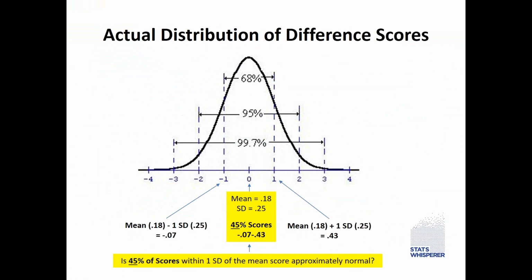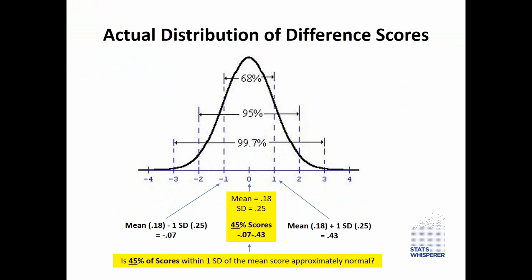However, if we look at the actual distribution of our difference scores, so that was theoretical before, this is the actual distribution of the scores. There's only 45% of the scores in between that one standard deviation interval. In other words, the scores that should be in that interval in a normal distribution are actually outside the interval.